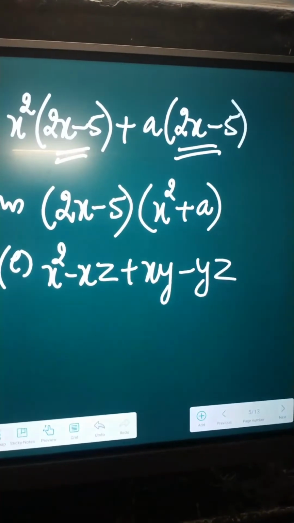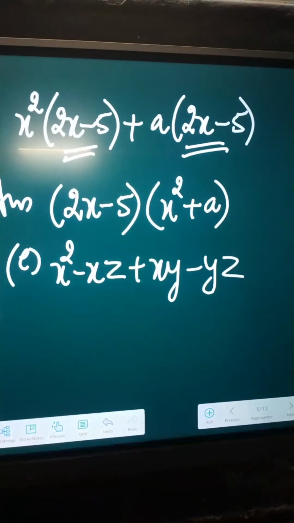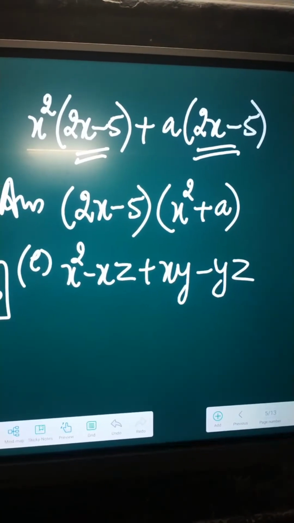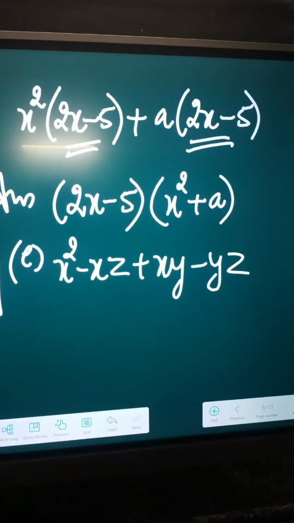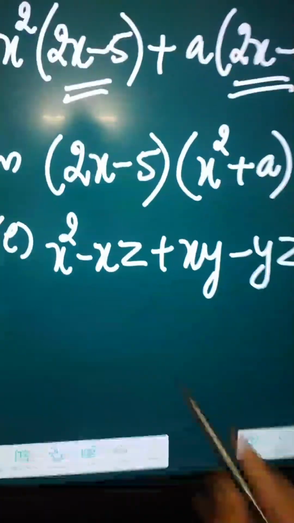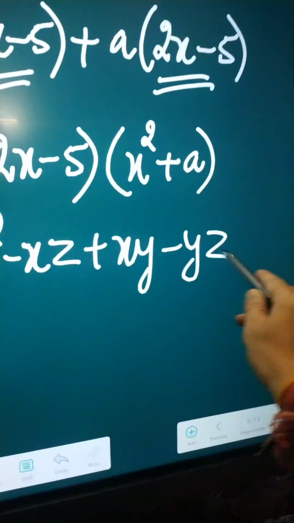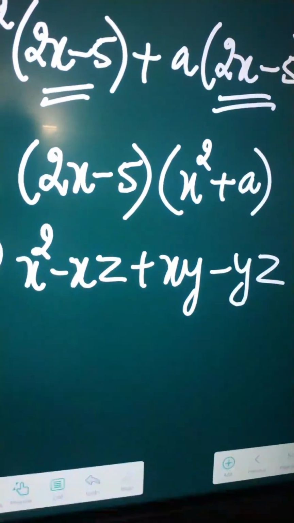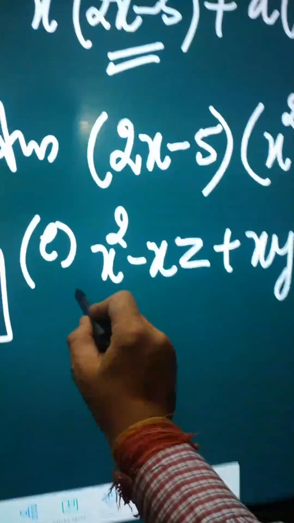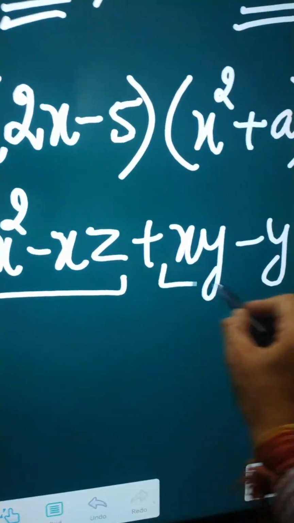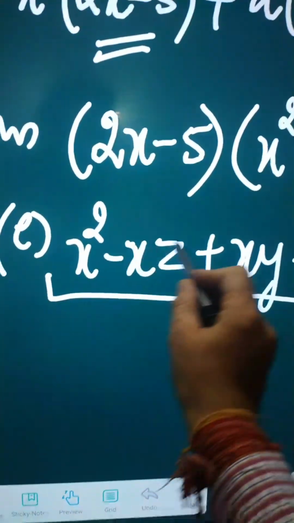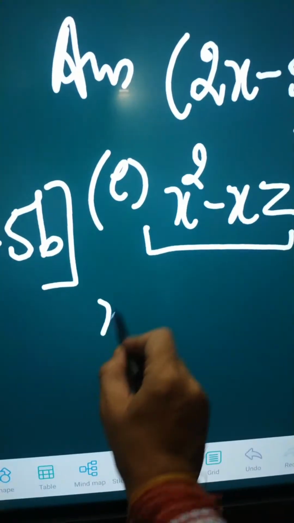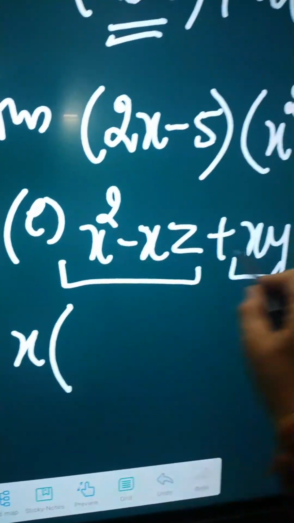So what did we do in factorization? We will check whether the numbers are common or not. Here in all the terms there is nothing common. The first method of factorization is taking common, so here we have to take common by taking groups. In this group, what is common? X is common. So what was the condition?